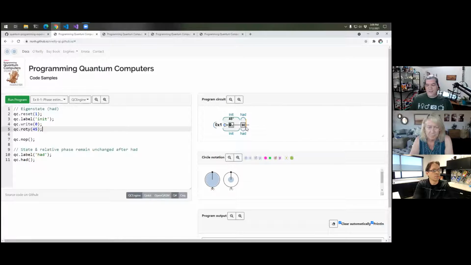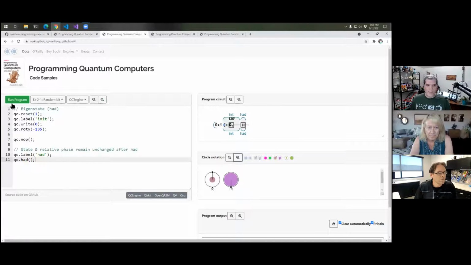Now there's also something that goes along with this, which is an Eigen Phase. And this I have in the next example, where we have a different starting state. So in this case, I'm still writing a 0. So I'm starting with a 0, but instead of doing the rote y 45, it's a rot y negative 135. So if we look at the state that we have after initializing, the percentages are the same.